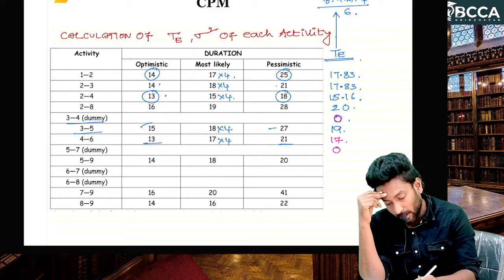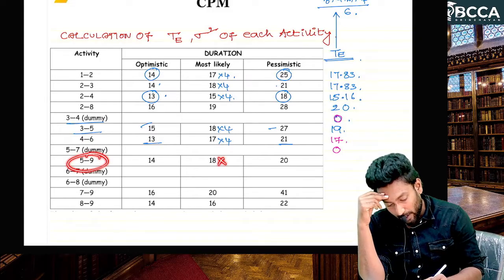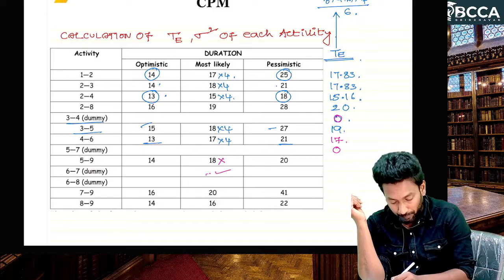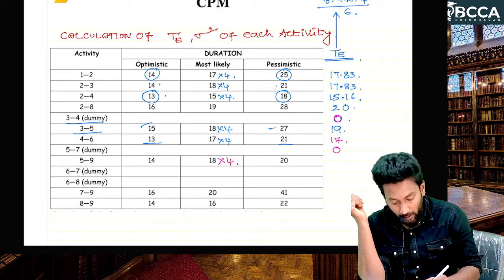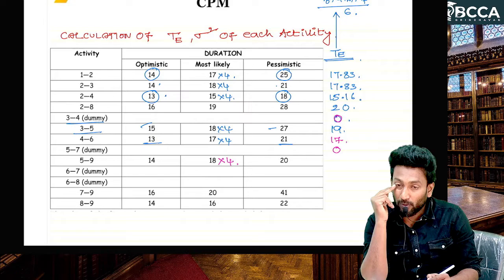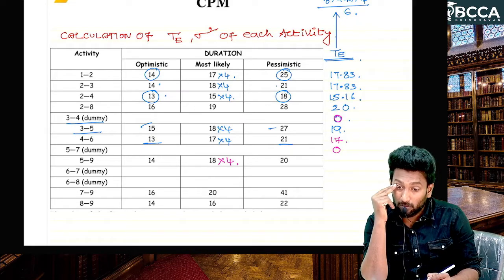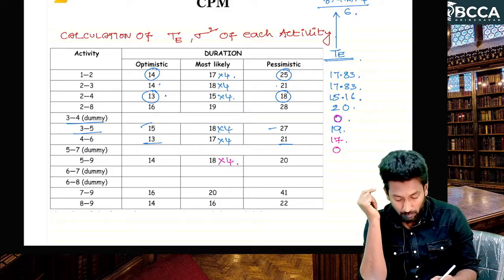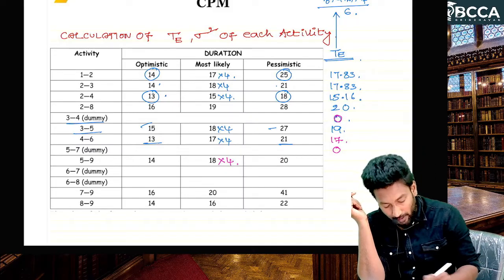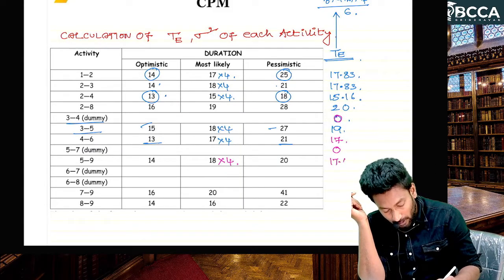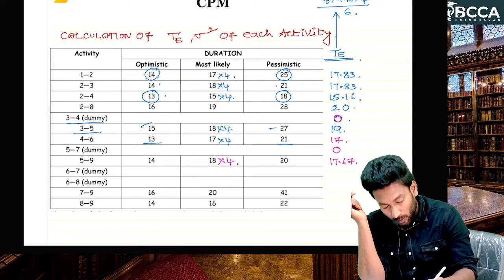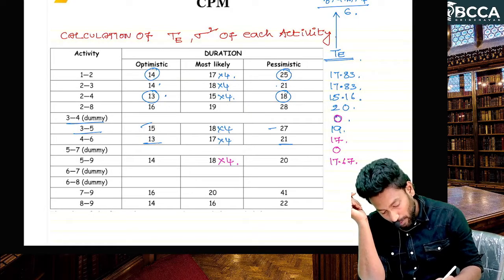Okay, 5 9: 18 into 4 plus 20 plus 14 gives 17.67. Here we again have two dummy activities.